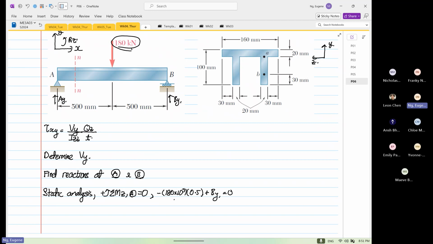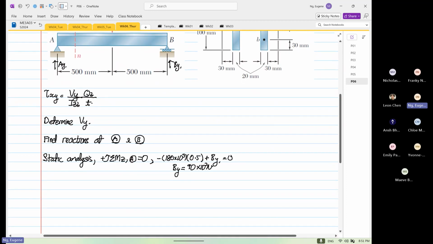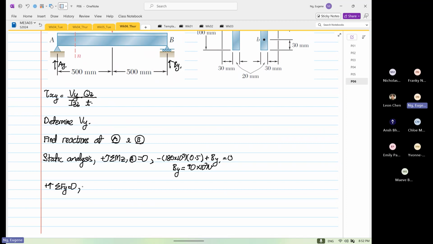From here, By is equal to 90 times 10 to the power 3 Newton. When that's the case, the next thing, again static analysis, the summation of forces in the y direction is equal to 0. So you have Ay plus By minus 180 times 10 to the power 3 is equal to 0.